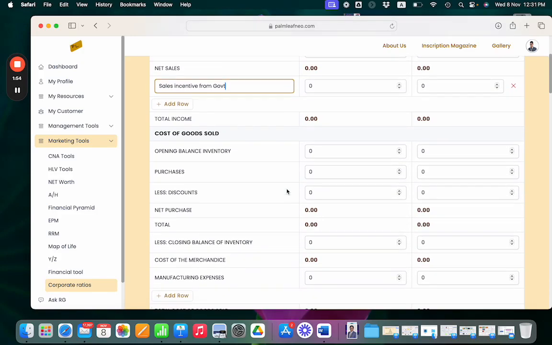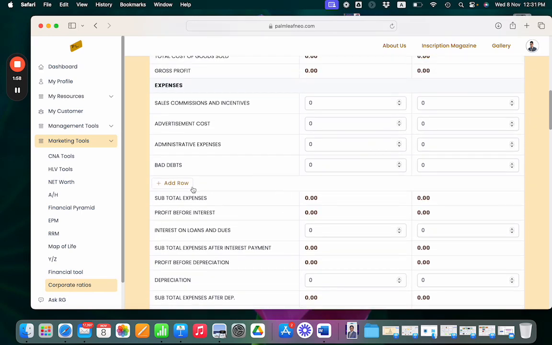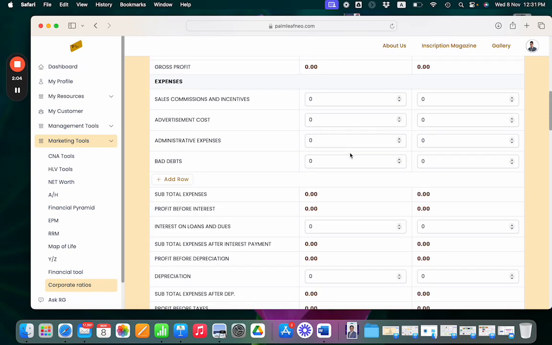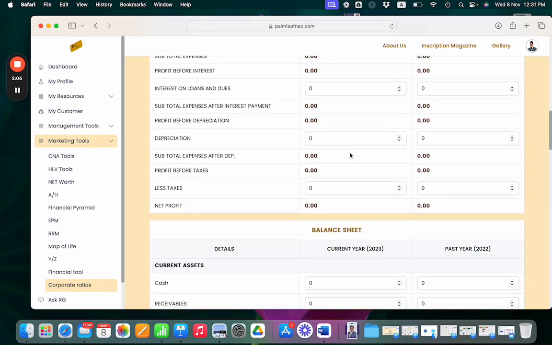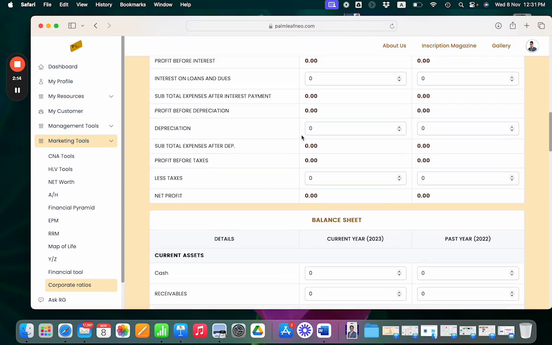Similarly, under each of the headings, income and expenses, we have provided for you to add rows. And as you keep adding rows, or as you keep typing the figures here, you will get the final totals here. Net profit, gross profit, and all the other ratios which you'll require will be at the bottom of the whole sheet.